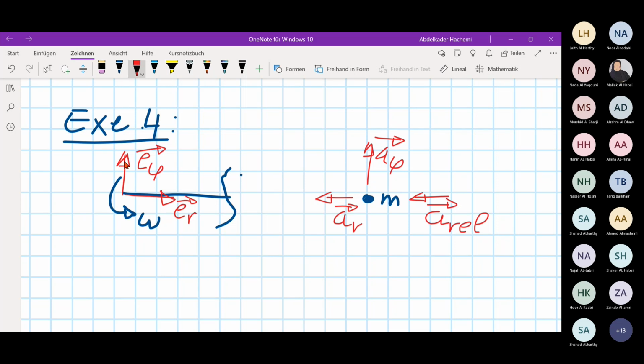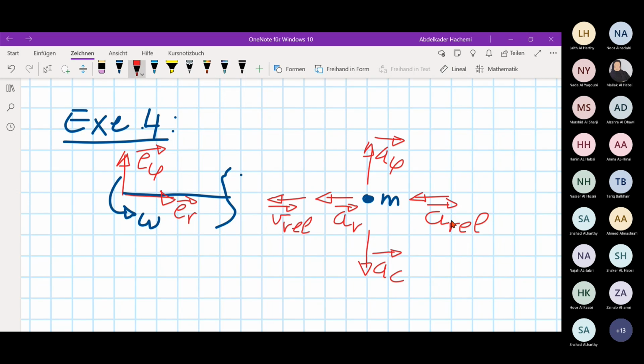Additionally, we have V relative, which is also given, and we have the Coriolis acceleration AC. These are the kinematic components which are applied on the system.